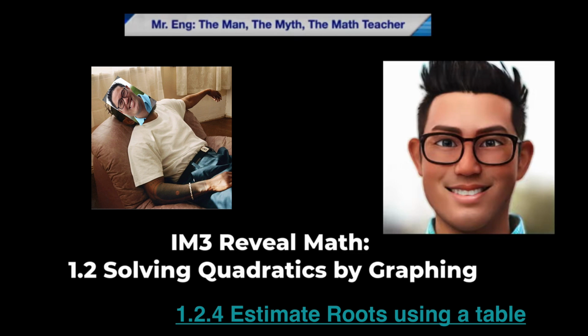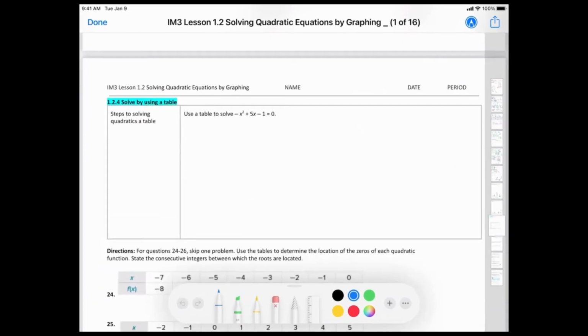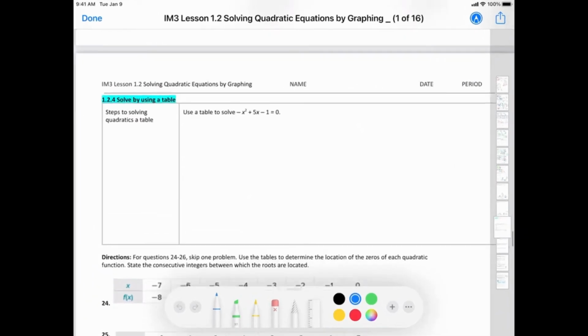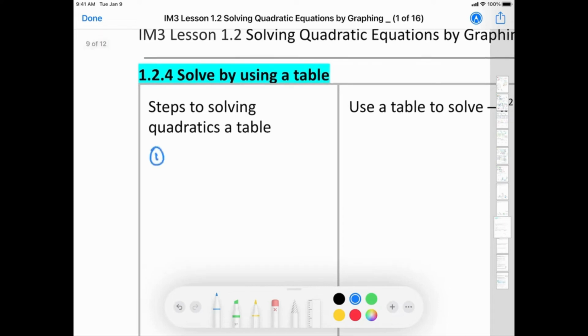I love math. All right, let's go over 1.24, solving quadratic graphs by using a table. Steps to solving quadratics using a table. I'm using an iPad, so I have this app called Graph and Calc 83.